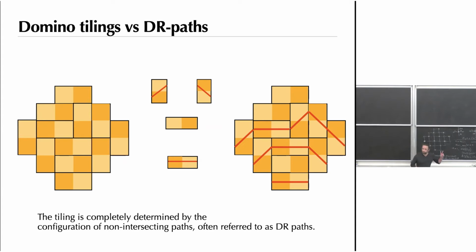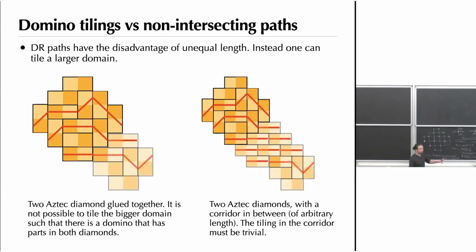I want to give two ways of doing it, which also correspond to the two different approaches that I give. The way I like to do it is to draw a slightly smaller Aztec diamond, just one size smaller, here. Then I tile a larger region that consists of the union of the two.